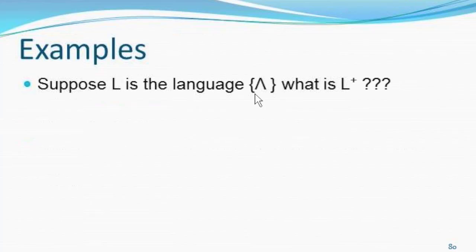And if L is the language containing just the string lambda, then L plus is the language just containing lambda. And if L is the language specified by the empty set, so the language consisting of no strings, L plus is also the empty set, right? Because L to the 1 is the empty set, L to the 2 is the empty set, L to the 3 is the empty set, and if we take the union of all of those, we still have the empty set.